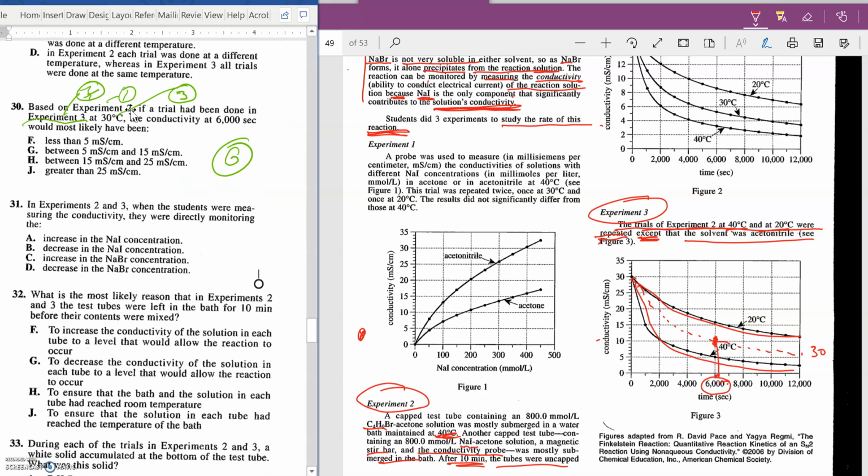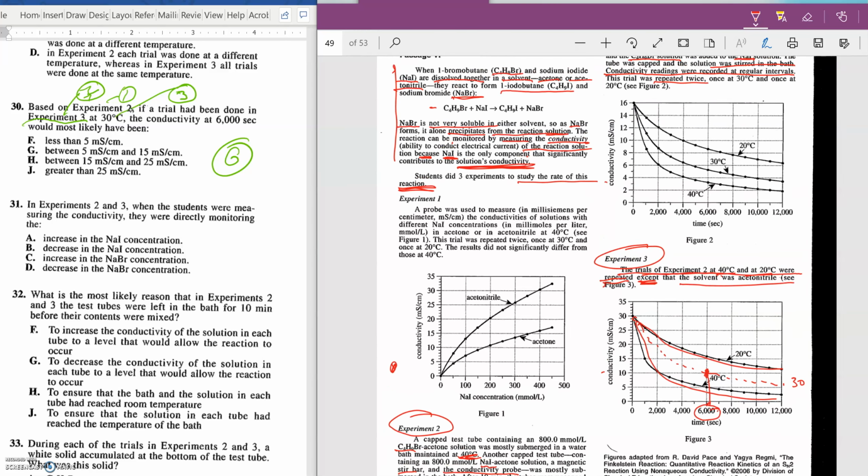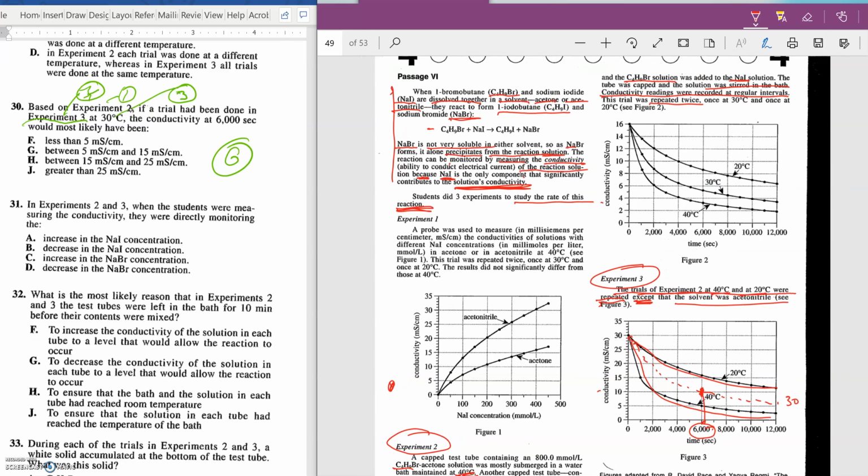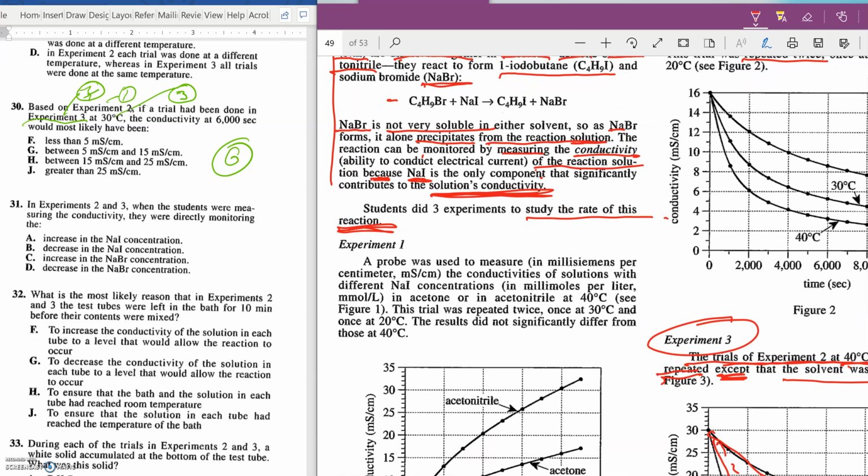In experiments 2 and 3, when the students were measuring the conductivity, they were directly monitoring the increase in the sodium iodide concentration, the decrease in the sodium iodide, increase in sodium bromide, decrease in sodium bromide. The conductivity... Oh, hang on, that was in the introduction. Remember, it said here, I'm glad I read it, because sodium iodide is the only component that significantly contributes to the solution.